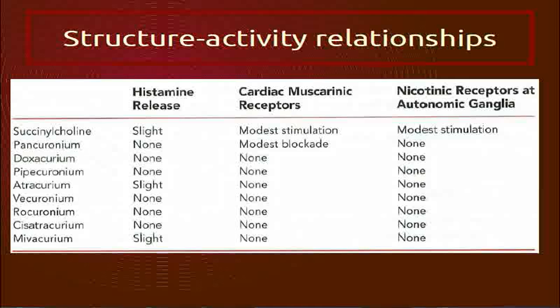Mivacurium, excuse me, yes. Now the second column says cardiac muscarinic receptors. Wait a minute, what kind of receptors are muscarinic receptors? Are muscarinic receptors ionic or G protein? They are G protein. And on the heart, they're M2.